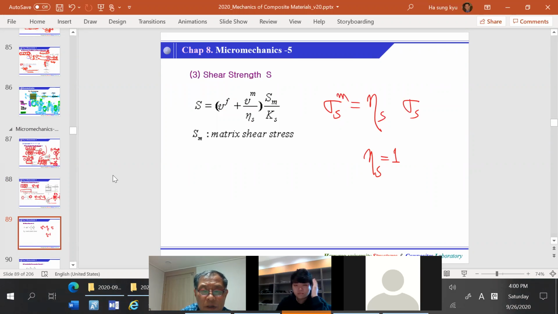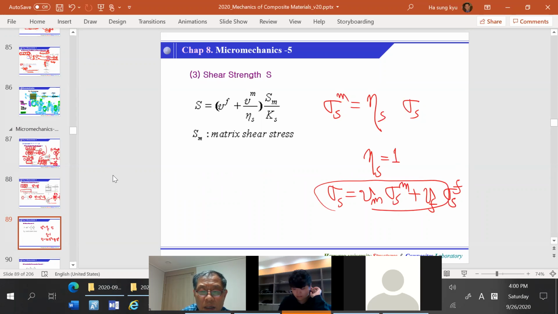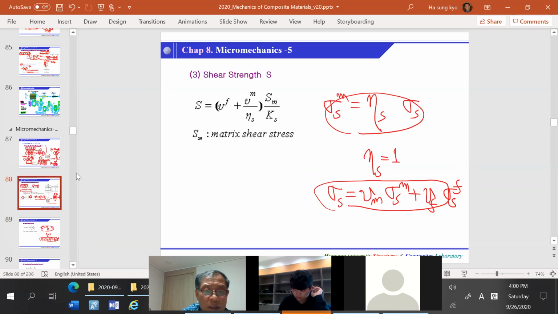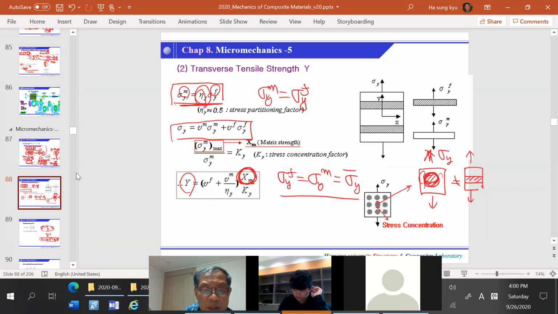And instead of that, we also have sigma s as the volume fraction of the matrix times sigma sm, plus vf and sigma sf. So using that one and that one, that's how we get these terms.